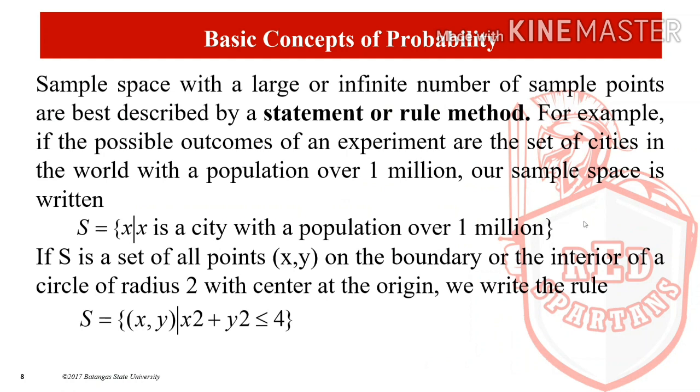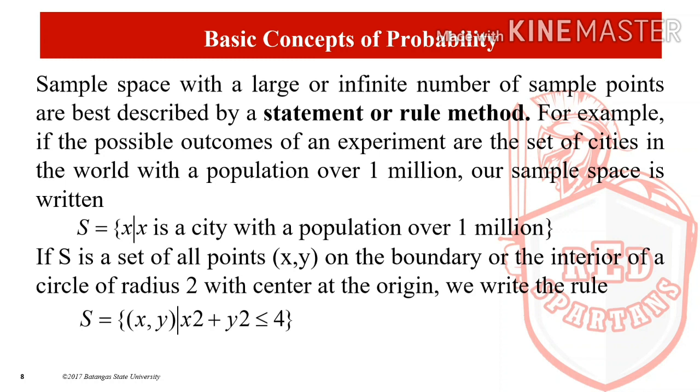Then we have the sample space with a large or infinite number of sample points, which is best described by a statement or rule method. This is what we use when the possible outcomes or sample points are really large. For example, if the possible outcomes of an experiment are the set of cities in the world with a population over 1 million, there are so many cities in the world with over 1 million population.